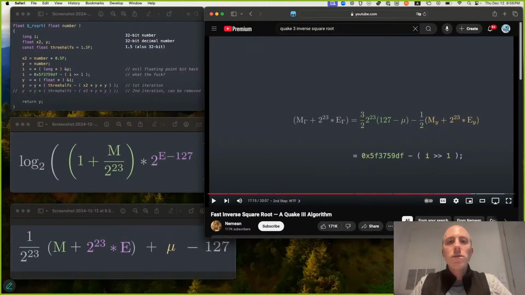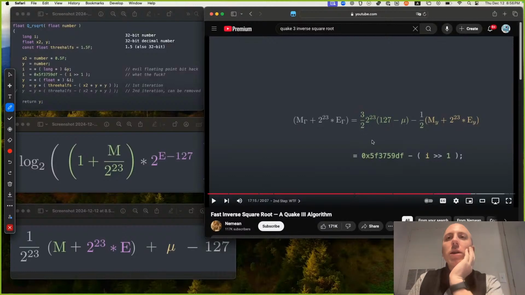Just from being in the code, you do have the mantissa of y that you can pull out, and you've got the exponent of y that you can pull out. Mu, we solved it before. It's that value, like 0.04. So you can just evaluate this thing and you can get a number.